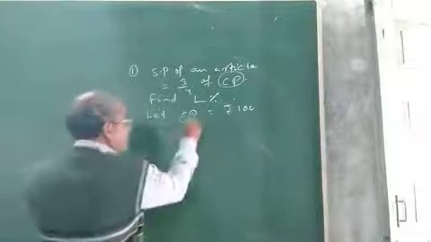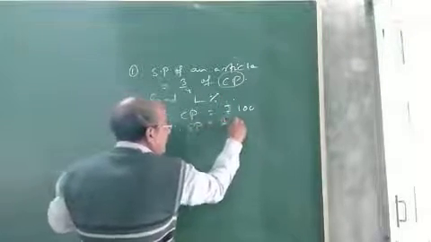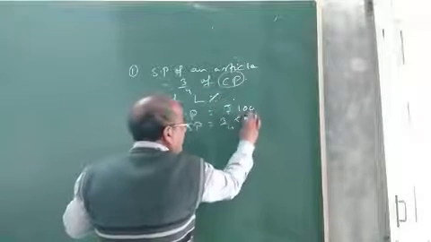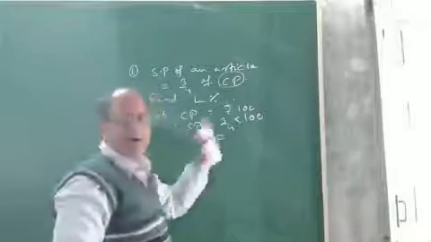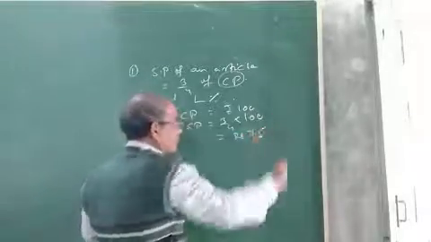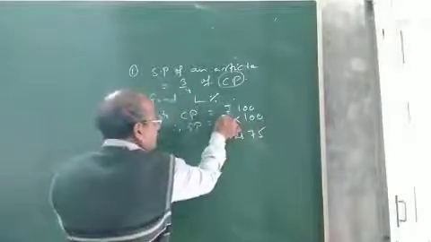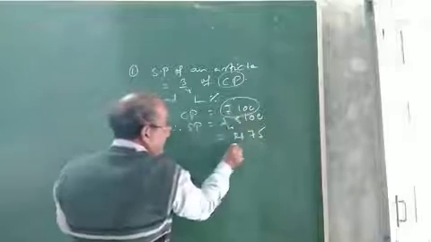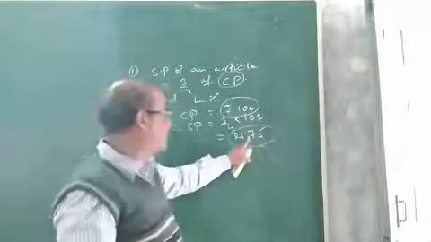So the selling price will be 3 by 4 of 100. 3 by 4 of 100 will be rupees 75. Now look, when the cost price is 100 rupees, the selling price came to rupees 75.